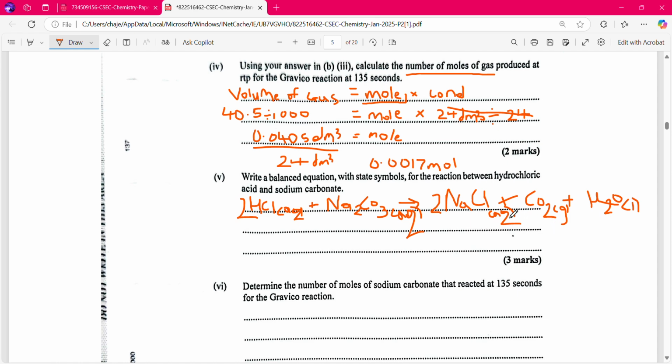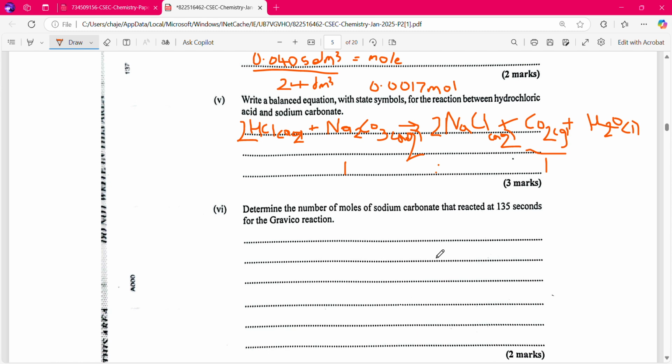Based on what we have for the gas, it's a 1:2. For the carbonate, it's a 1:1 mole ratio here. So it says determine the number of moles of sodium carbonate that reacted at 135 seconds for the gravimetric reaction. Why divided by 2?